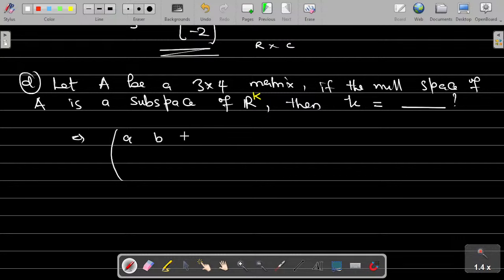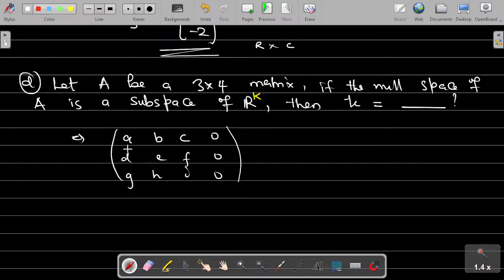Let's say A, B, C, and then D, E, F, and then G, H, I, and then you have maybe 0, 0 here. Because it's talking about a null space, that means you have 4 columns and 3 rows.